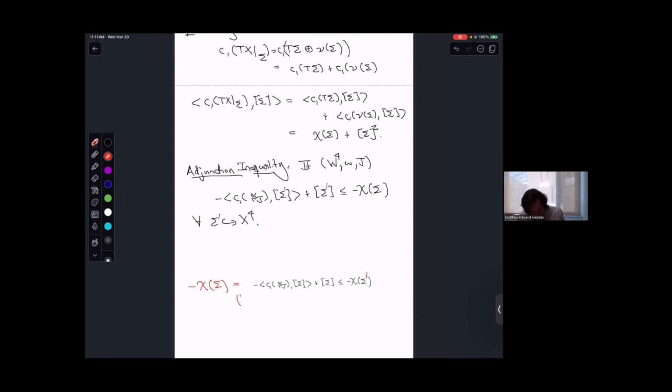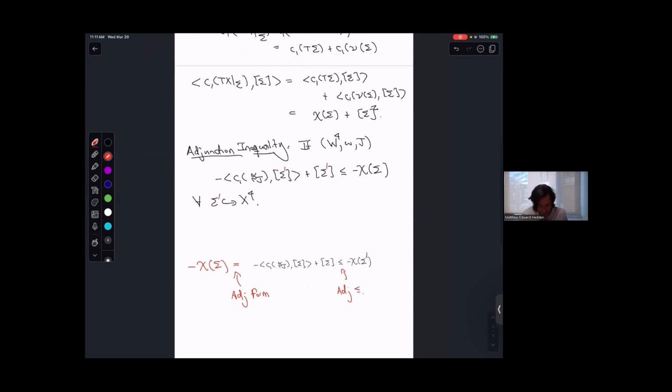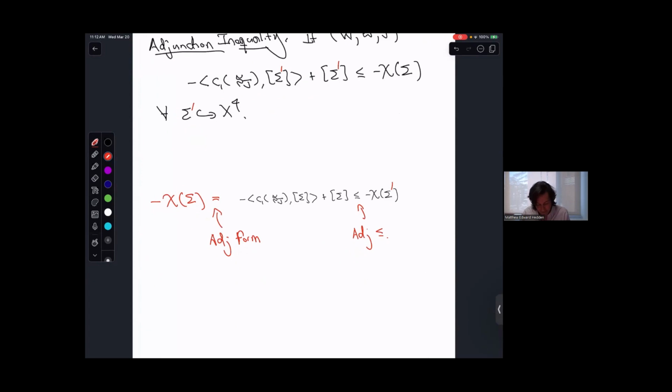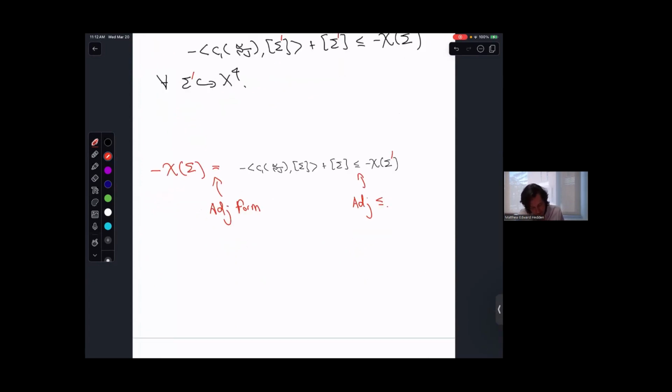But on the other hand, the adjunction formula gives us this. And so we have now that all the other surfaces have larger or negative Euler characteristic.